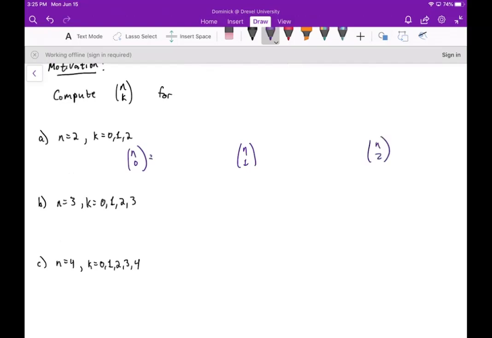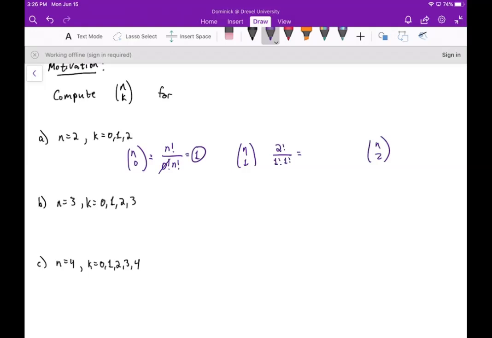Well, if we follow our formula, this is n factorial over 0 factorial times n minus 0, which is just n factorial. Now, 0 factorial is 1, so we can think of that as not even being there, and n factorial over n factorial will give us 1. Now, n choose 1, again, n is 2 here, so it's 2 factorial over 1 factorial times 2 minus 1, or 1 factorial.